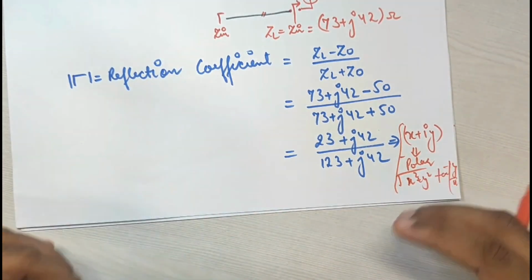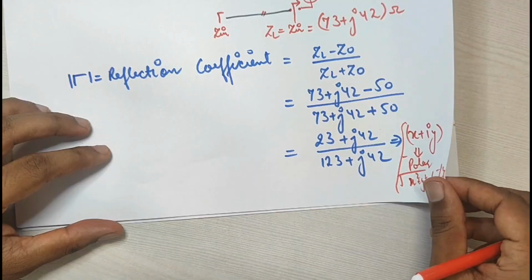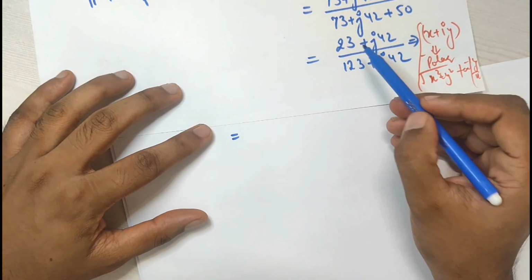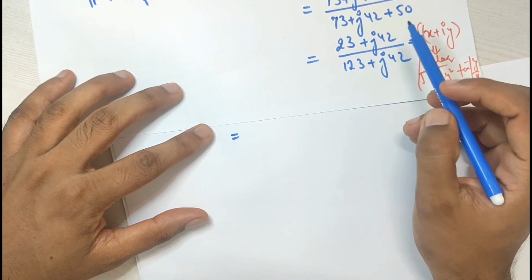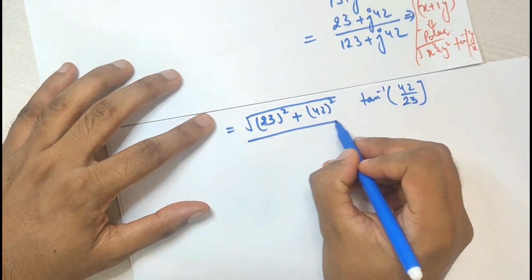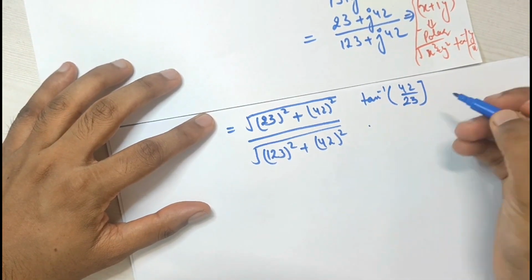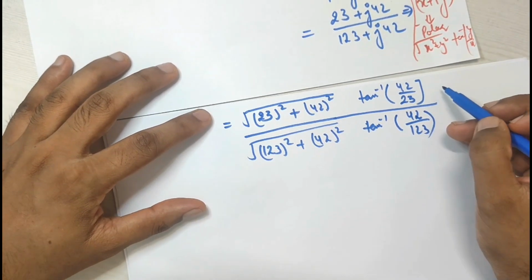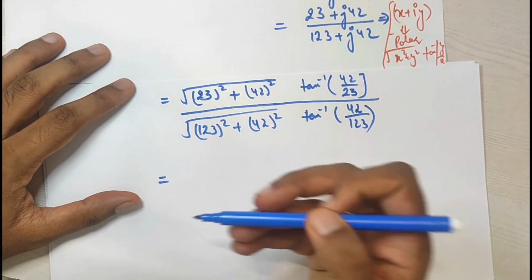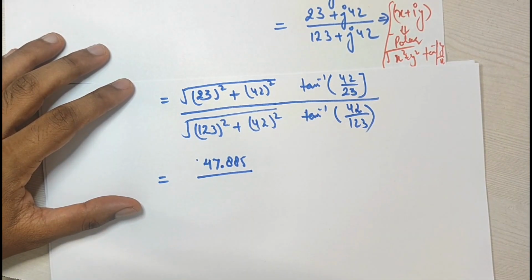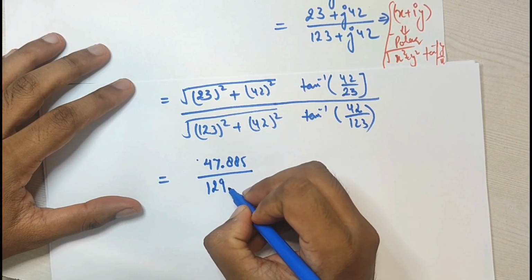There are other ways also: you can calculate the magnitude of the numerator and the magnitude of the denominator along with the angles. This is coming 47.885 upon 129.97.